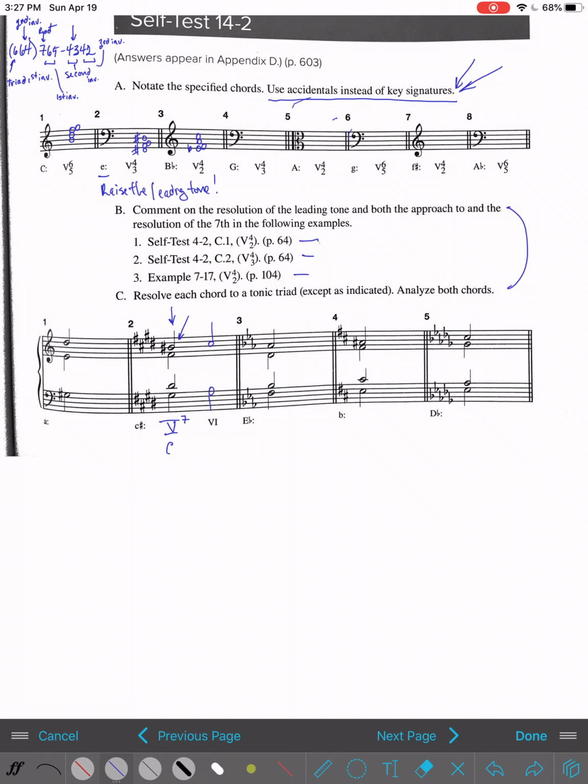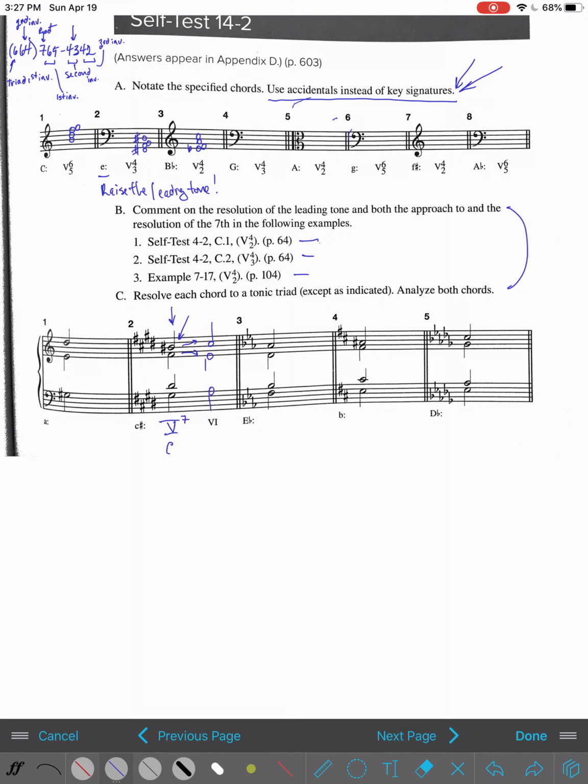Where does the 7th typically go? The 7th always goes downward, to the 5th of the chord right there. This resolves up and this resolves here. That's almost always how the leading tone and 7th work, unless there's a frustrated leading tone.